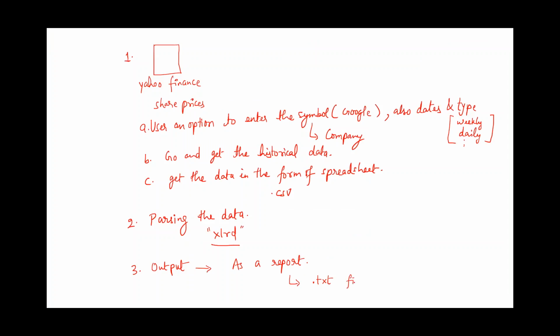Now, what does your text file contain? It should look like this: a report for Google, or specifically Google Inc., with the date the data is from and to.